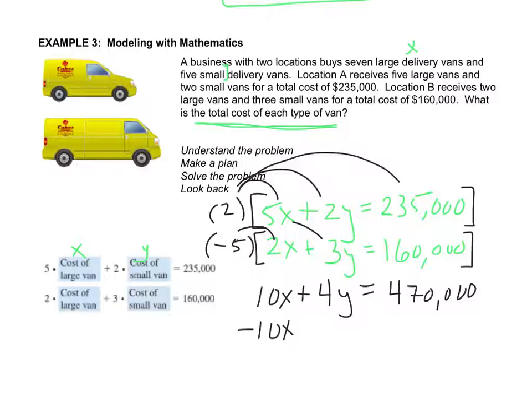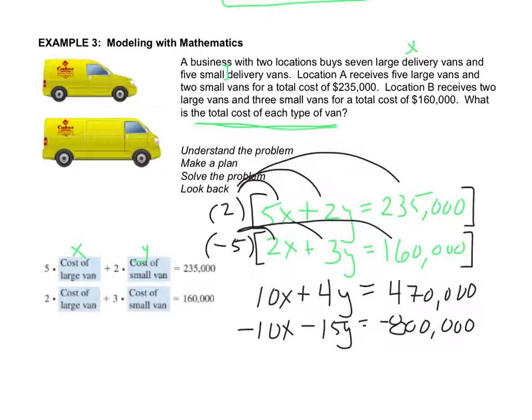Negative 5 times 3y is negative 15y. Negative 5 times 160,000 is going to be 800,000. So now we have our new, and it's negative. Got to make sure I catch that, right? It was negative 5 times that. So we have negative 800,000.